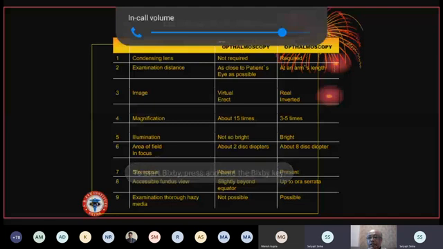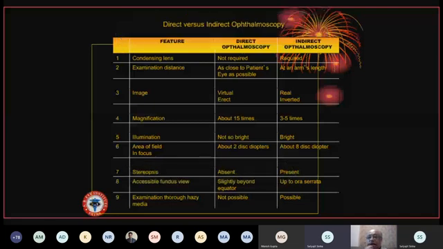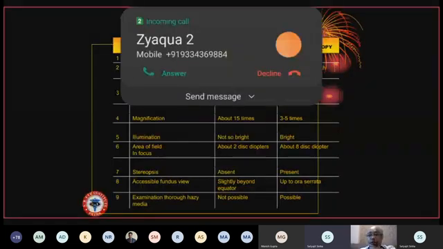Dr. Kapil's question is, sir, any trick to identify ora serrata and vortex veins? She will be showing slides of that. But Kapil, I'm assuming you are very well conversant with the ora serrata. I always tell those fellows or PGs who say they've never seen the ora serrata properly that they should catch hold of an aphakic patient.